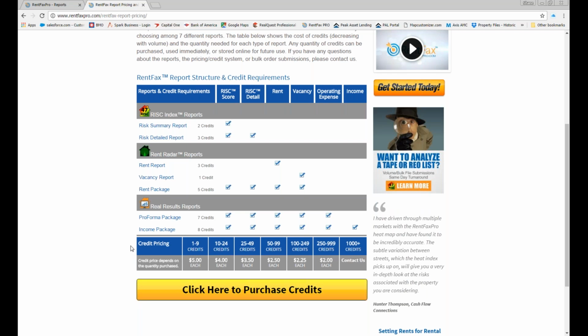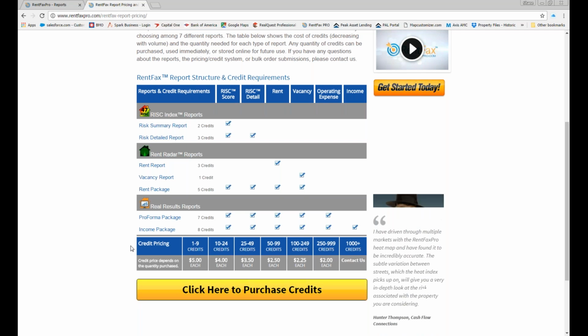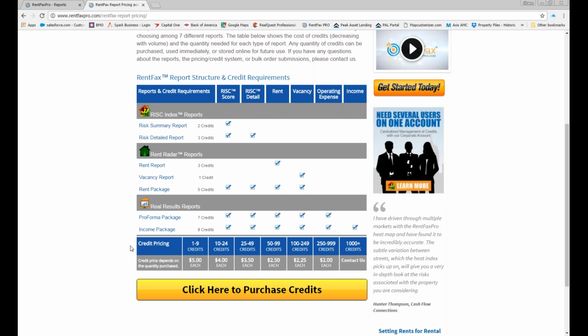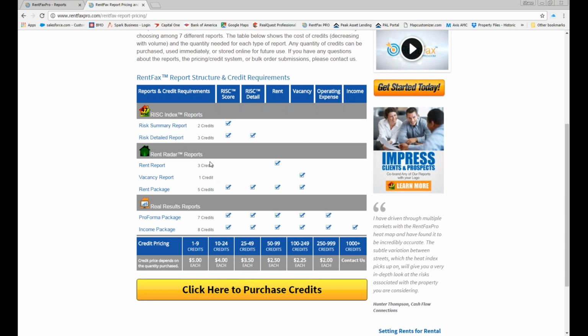Back when I was investing, I would probably investigate anywhere from 10 to 20 properties before I moved forward on one. So let's say 10 to 20 properties. You're going to need probably 50, well over 100 credits. So that report, just to learn that risk and a summarized single score, is going to cost you about $4, a little under $5.